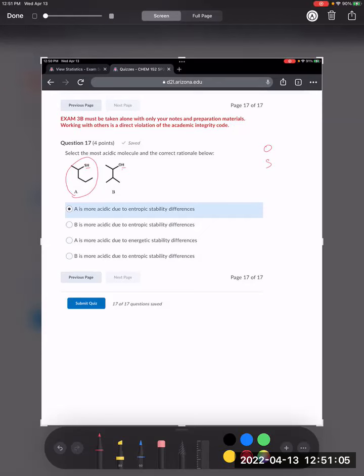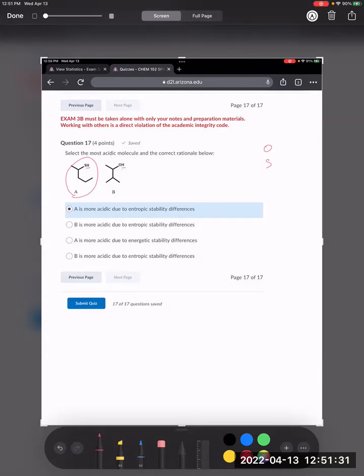Having the negative charge on sulfur is more stable than having it on oxygen, because sulfur is larger. When sulfur is larger, it has a lower charge density, therefore lesser ordering effect. Therefore the decrease of entropy in water will be less for the S minus ion compared to the O minus ion. So it's an entropic stability difference.